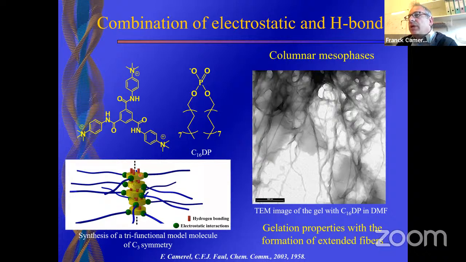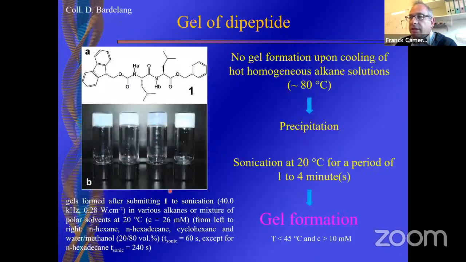This allows us to build one-dimensional fibers, and you can easily change the solubilizing part at the periphery through electrostatic interaction. For example, if you take this lipid with this platform, you can make an ionic association, which leads to the formation of gels, for example here in DMF. So you can really use several types of weak interaction to build this gelling agent.